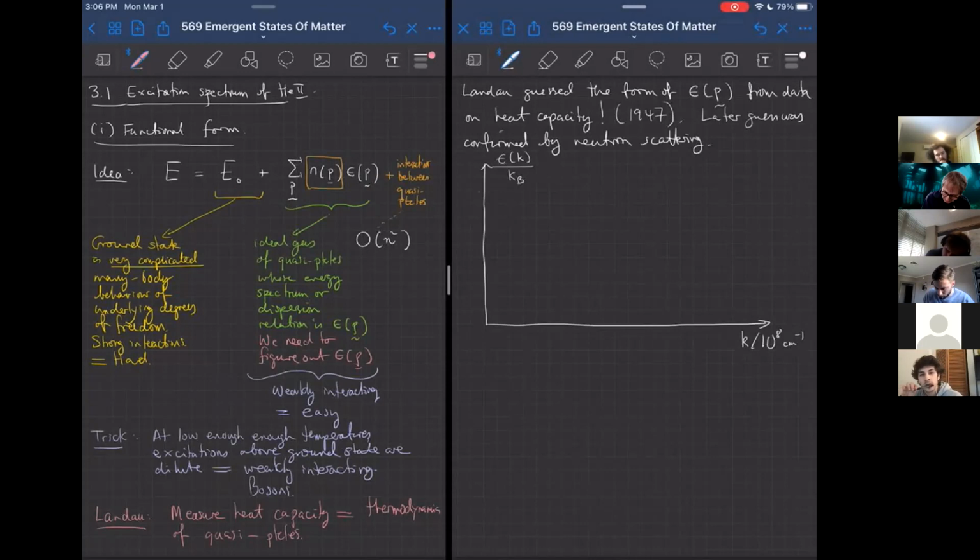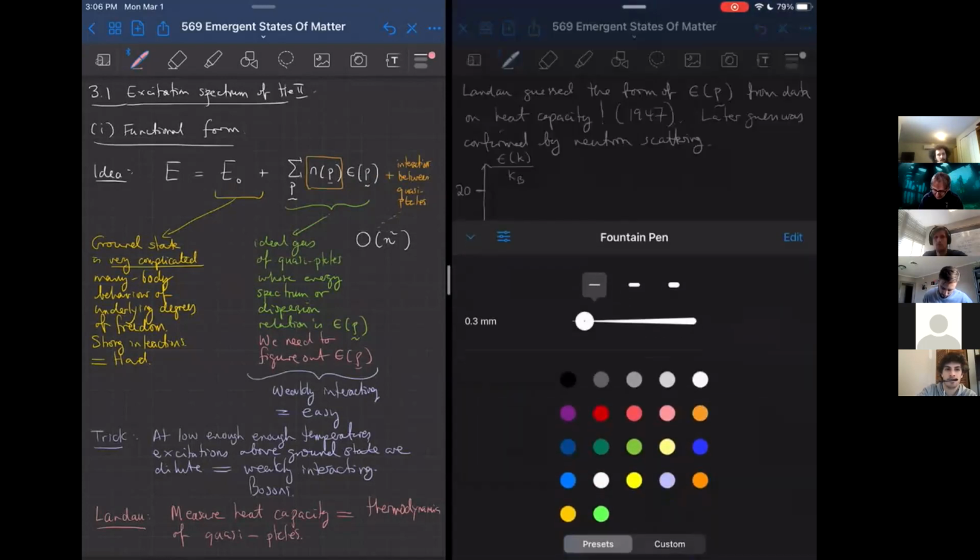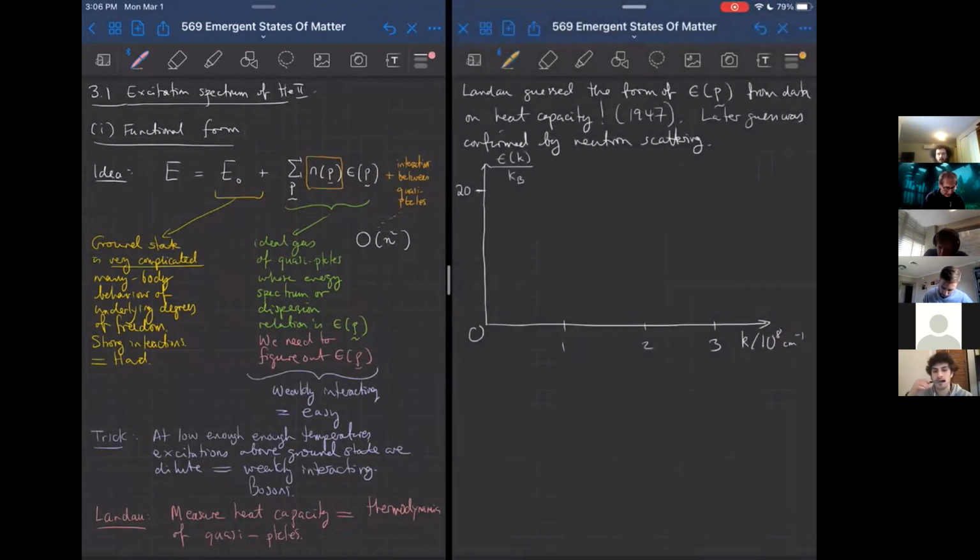And the upper scale here is a number which is about 20. So this is 0, this is 1, 2, 3, something like that. And then what he discovered was this strange curve over here. So let's see if I can get it about right.